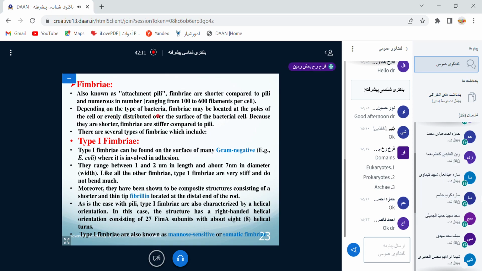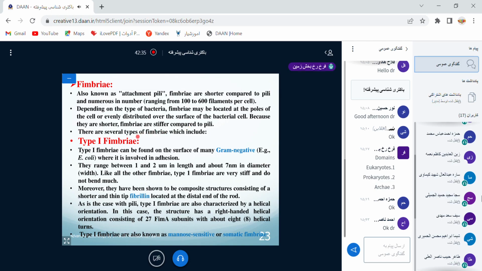Depending on the type of bacteria, fimbria may be located at the poles of the cell or evenly distributed over the surface of the bacterial cell. Because they are shorter, fimbria are stiffer compared to pili.